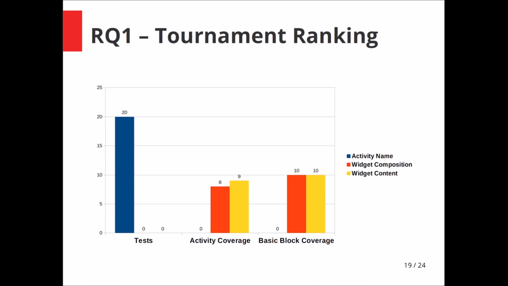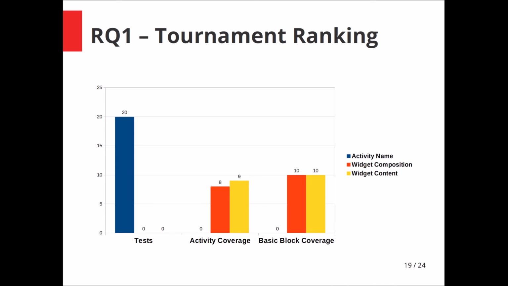While the activity name abstraction outperforms the other configurations in terms of tests, the more fine-grained surrogate model configurations dominate in coverage. Since we aim for a configuration that maximizes coverage, we consider the widget content abstraction as the best trade-off.